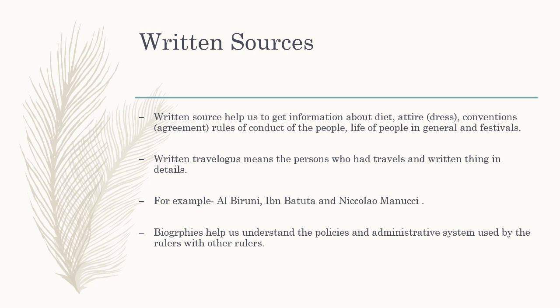We do have certain norms to be followed. It's not like I can just go and do business or they can come. No, we have certain rules and policies to be followed. So that means in those times also they were following these. These things were all written related to the rulers or the country. So that is called biographies.